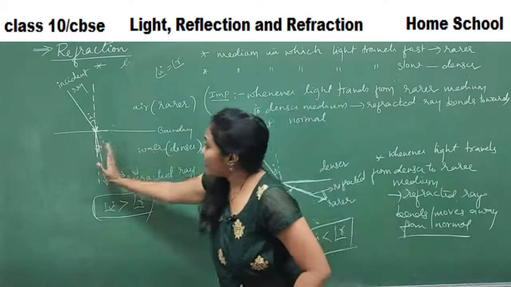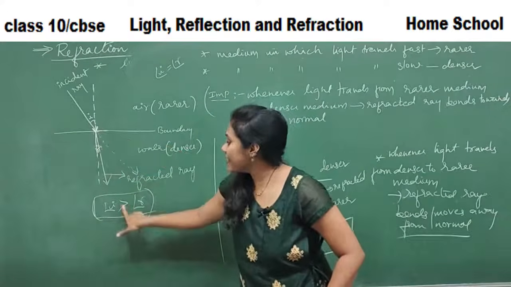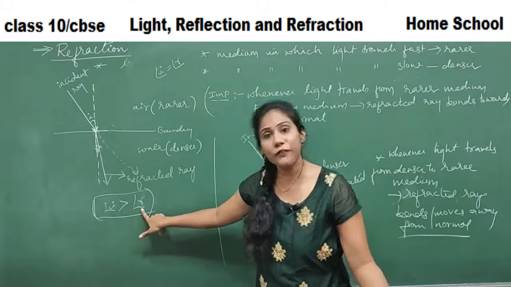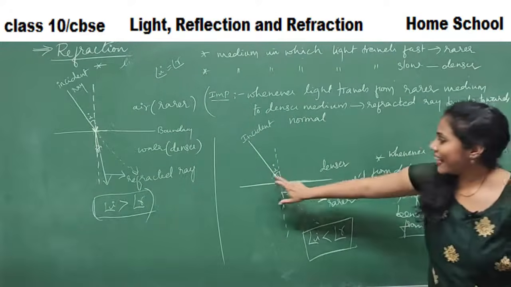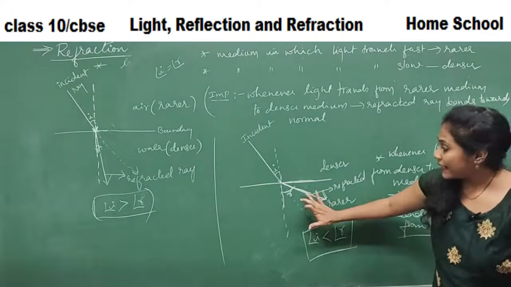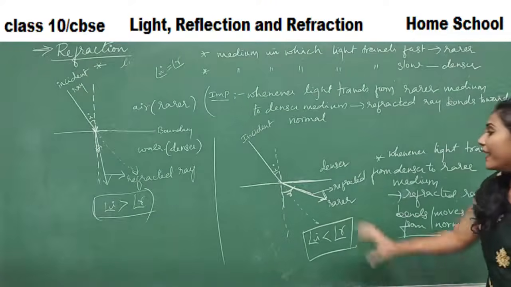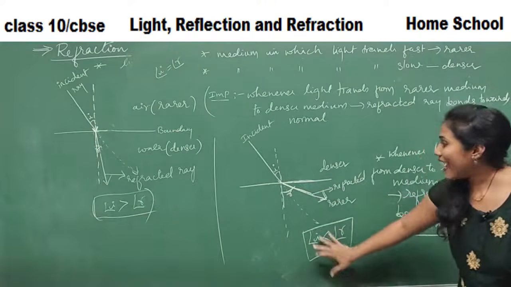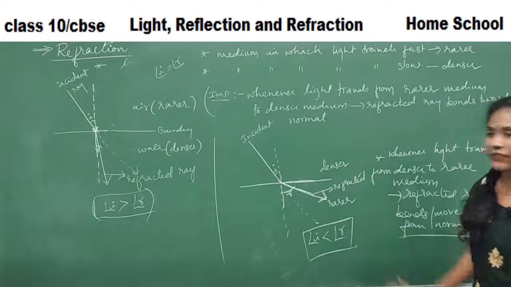The refracted ray is more close to the normal. And here angle of incidence is always greater than angle of refraction. And coming to the opposite case, if light travels from denser medium to rarer medium, what happens? The refracted ray moves away from the normal. Here angle of incidence is very much lesser than the angle of refraction.